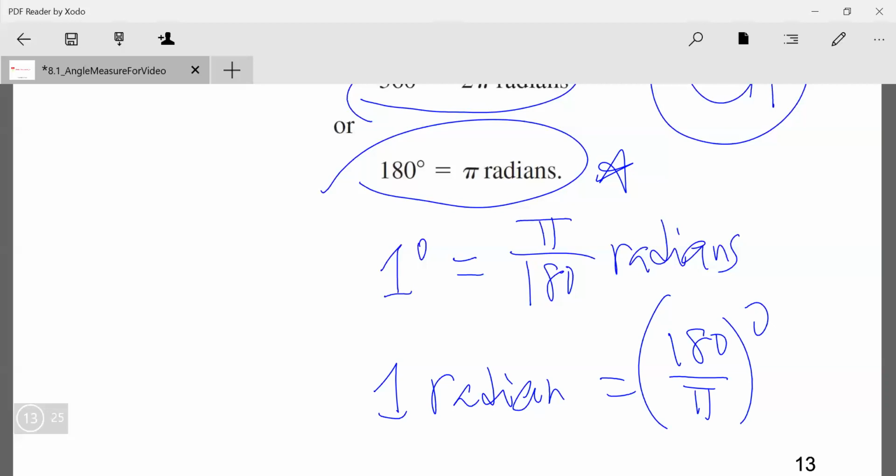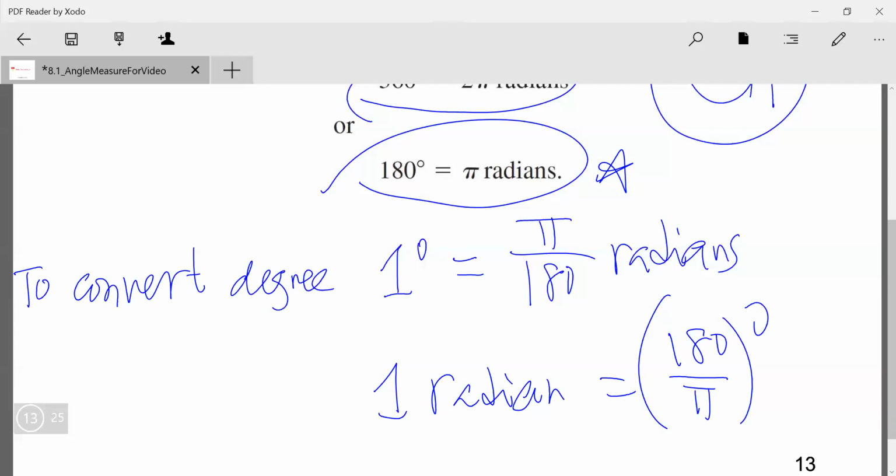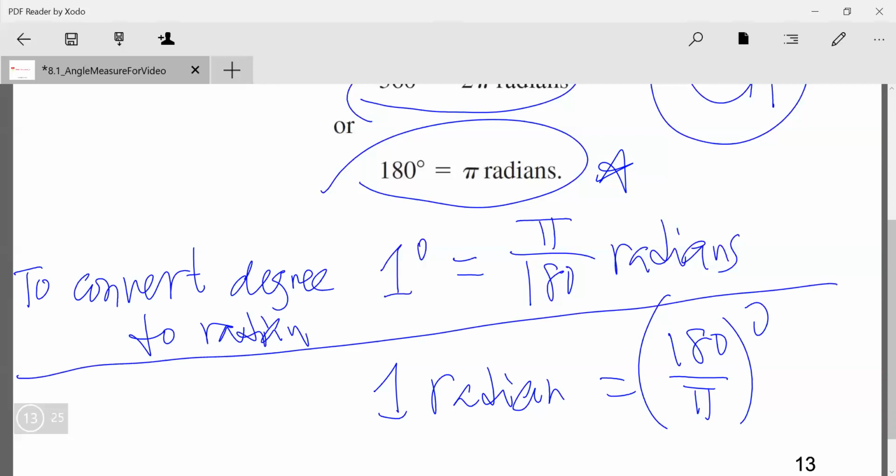this one is used to convert degrees to radians, and the second formula is to convert radians to degrees.